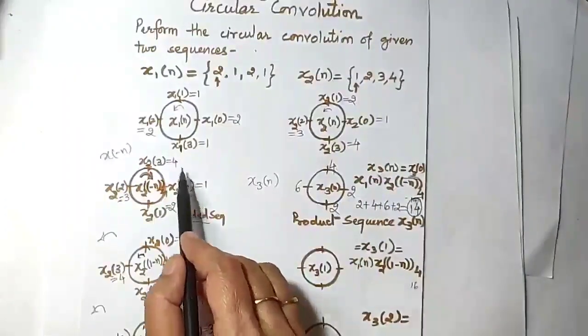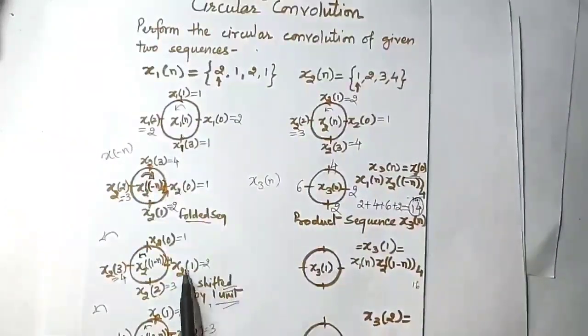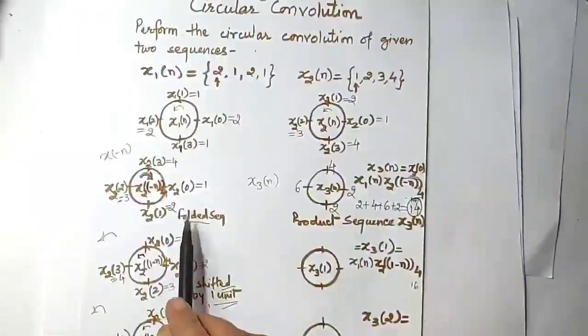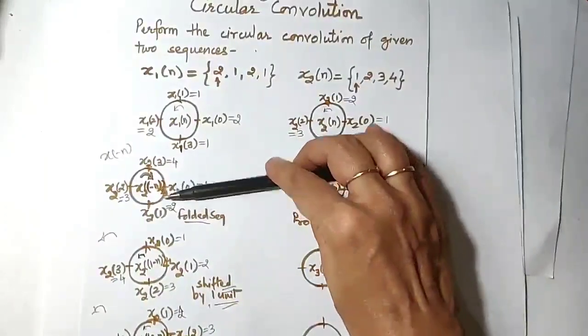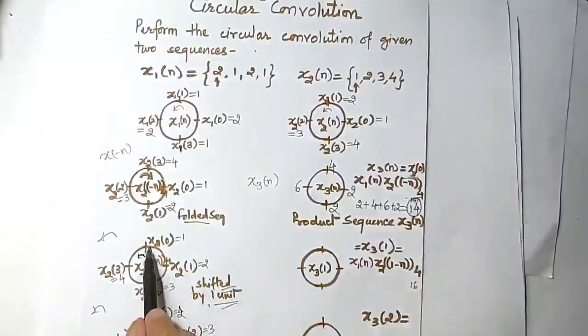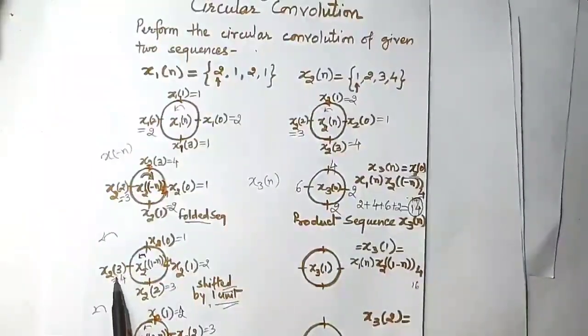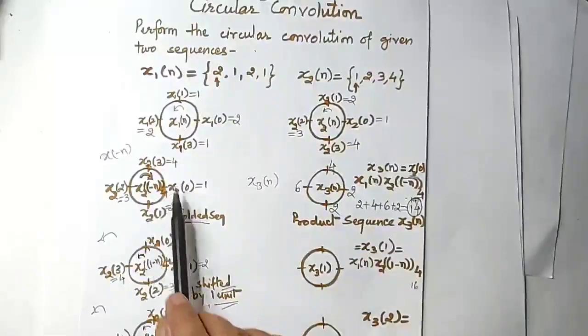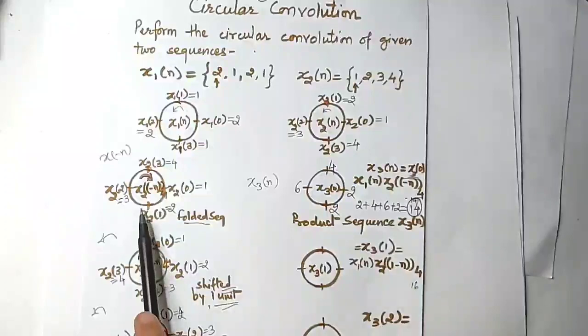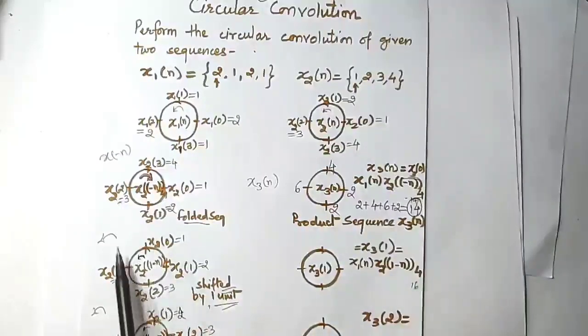So this x0 will be shifted to this value. So now by one step, this one value is shifted to 1, then this value is shifted to here, 2, and so one step shifting.